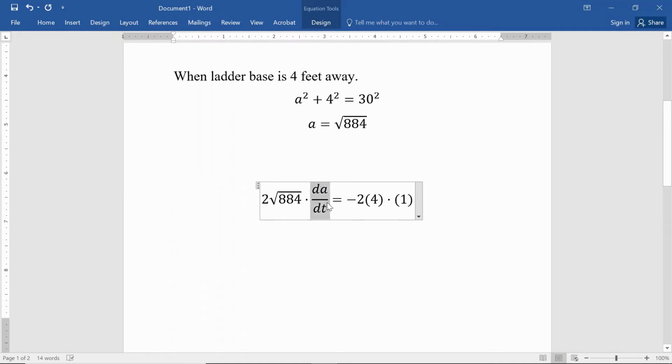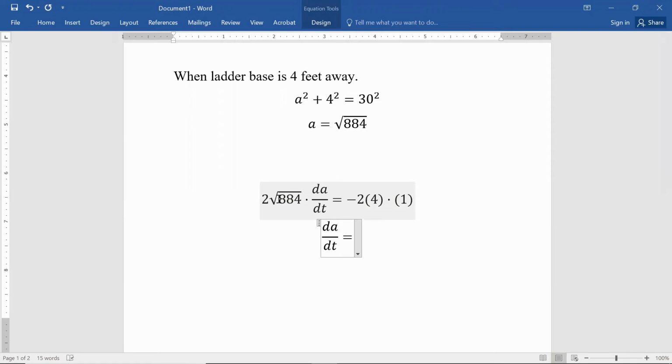Now I can solve for the rate of change of A. So as the ladder moves away at the base, the top of the ladder is moving at a rate of, well, take -2 times 4 times 1, and then divide by 2 times the square root of 884.